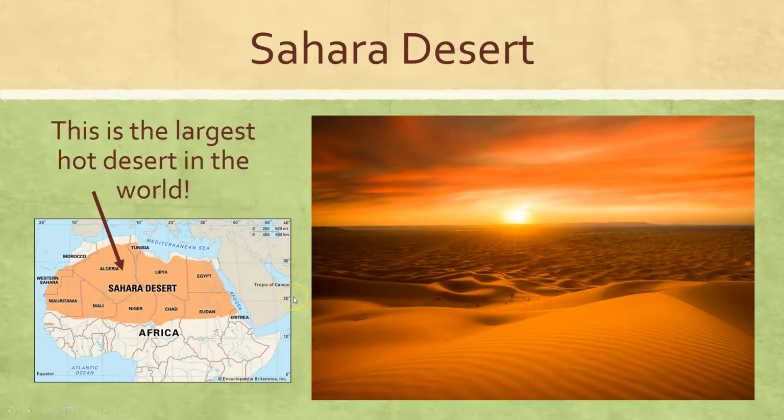One of the important things that they have in this region is a lot of salt mines, and salt is a very important natural resource that they need. We're going to learn more about that when we discuss the civilization of Mali. But this is the Sahara Desert, and it is the largest hot desert in the world.